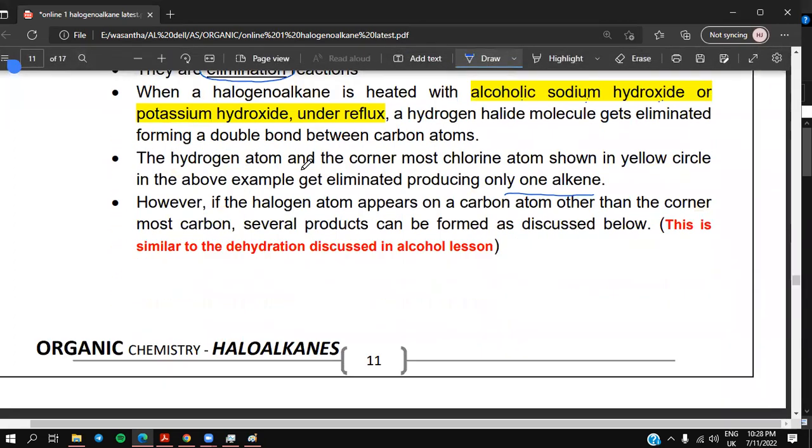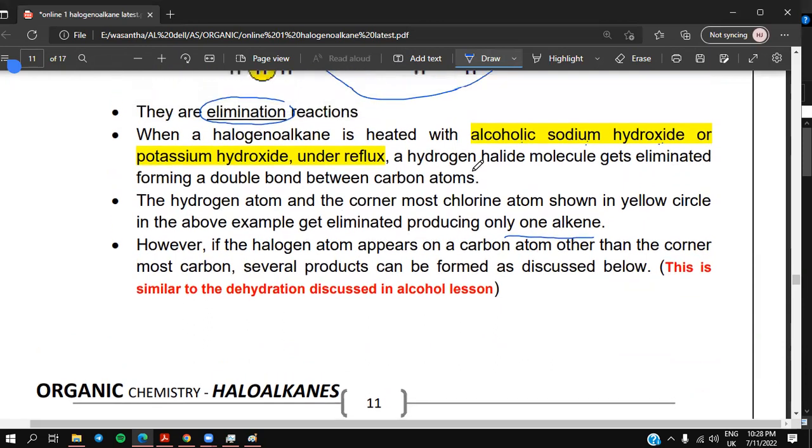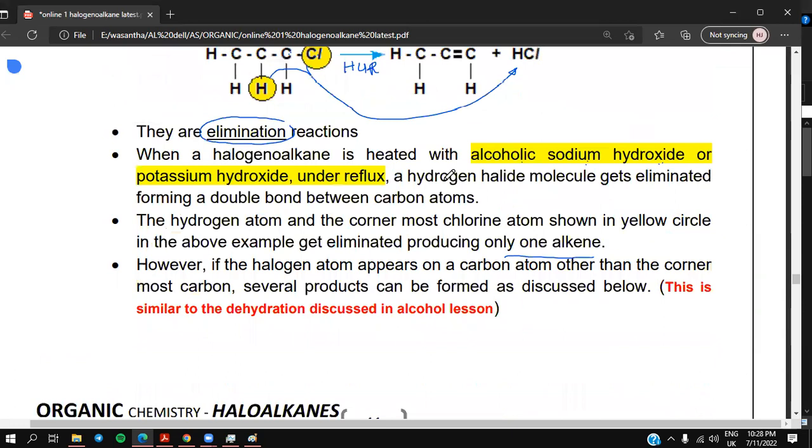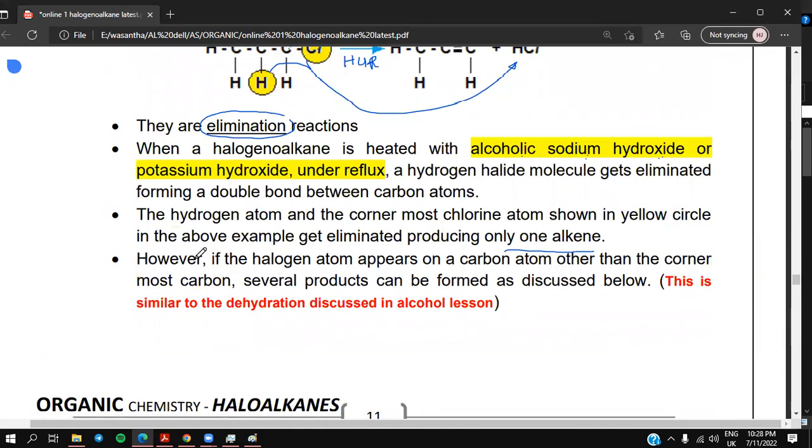Several products can be formed as discussed below.